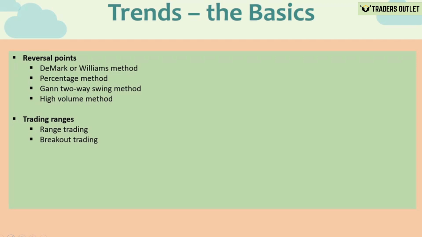We will talk about it in the future course, but let me just put it for our understanding here. So this is a channel. Let's say the prices are moving like this. Between this range, this is our channel in the upward trend. It could also be in a downward trend.